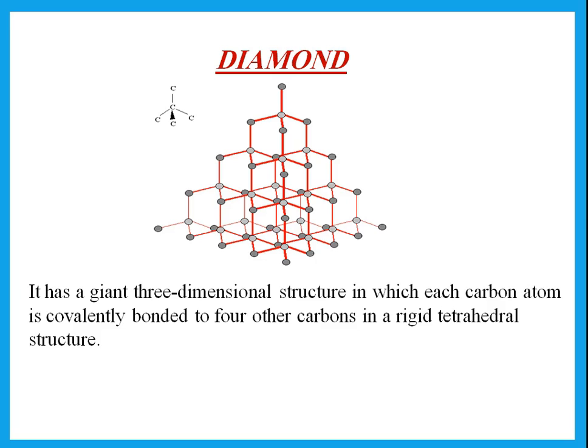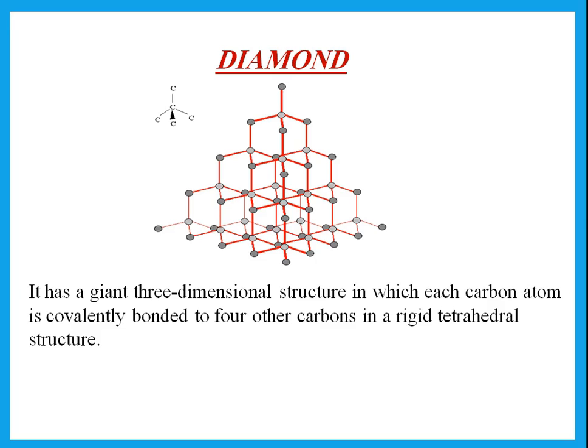So if I'm explaining the arrangement or the structure of diamond, first of all, it's a giant three-dimensional structure. So this is not just one atom or two atoms or 10 atoms. This is a giant three-dimensional structure, in which each carbon atom is covalently bonded to the other carbon atoms.